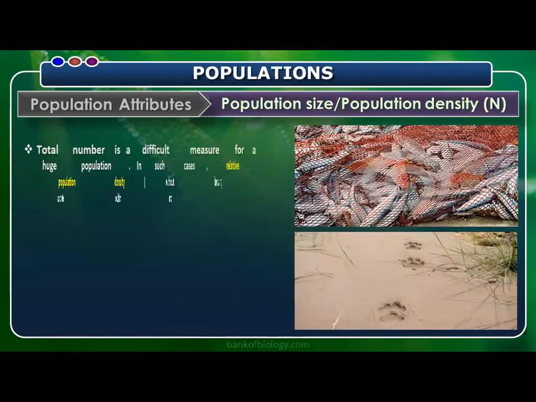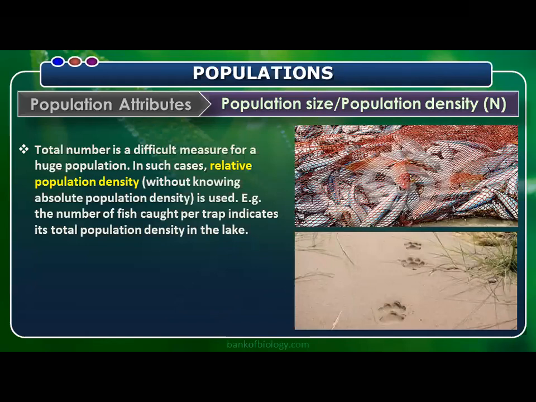Next, continuing: the total number is a difficult measure for a huge population. That means calculating the number of fishes present in a lake is going to be difficult. In such cases, we take relative population density without knowing absolute population density. You can't count the fishes living in a river, stream or reservoir.